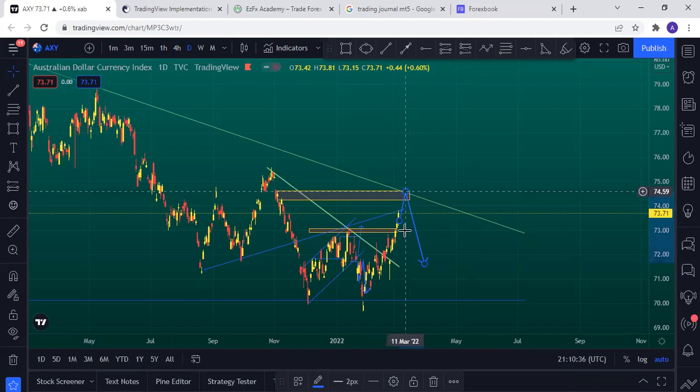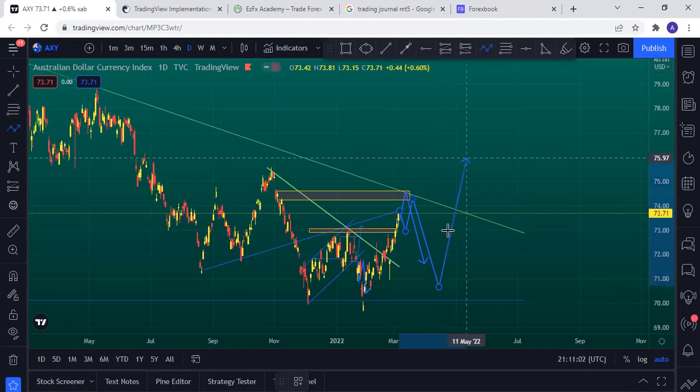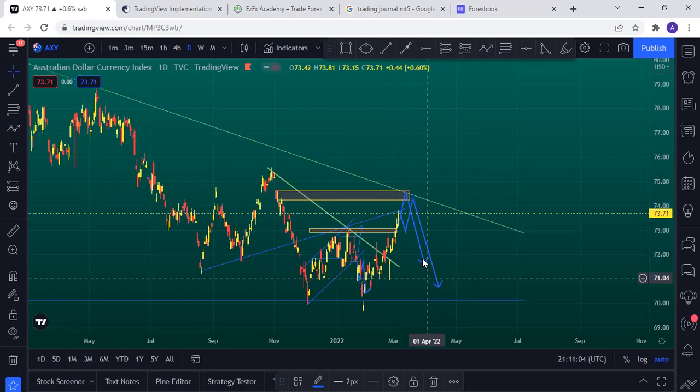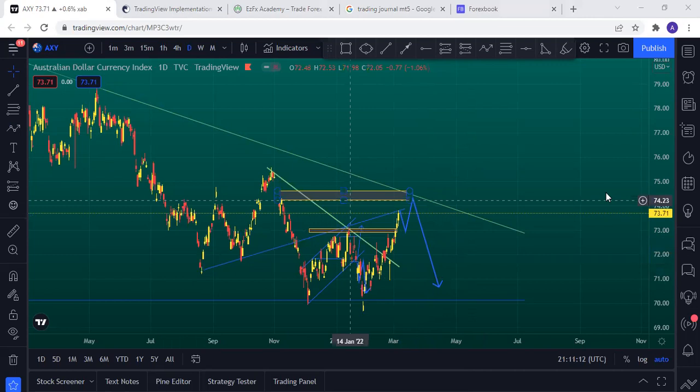Something like this. We might actually be seeing something like that. So that's what I'm talking about. And this is on the daily time frame, which means that there's still so much time to recover.